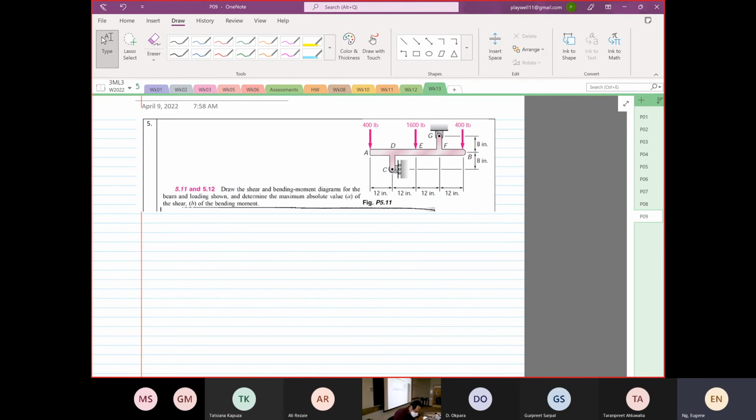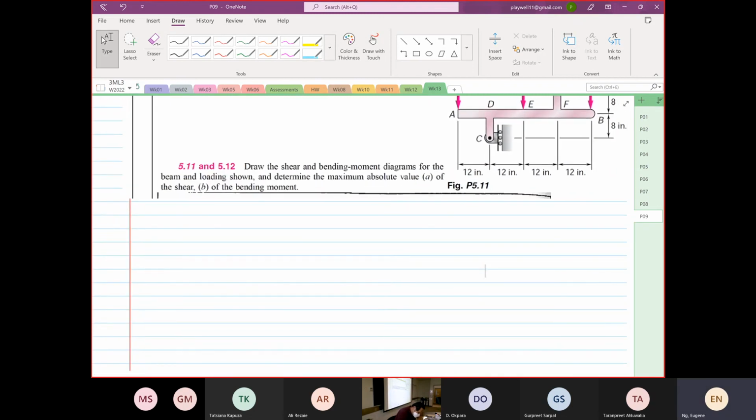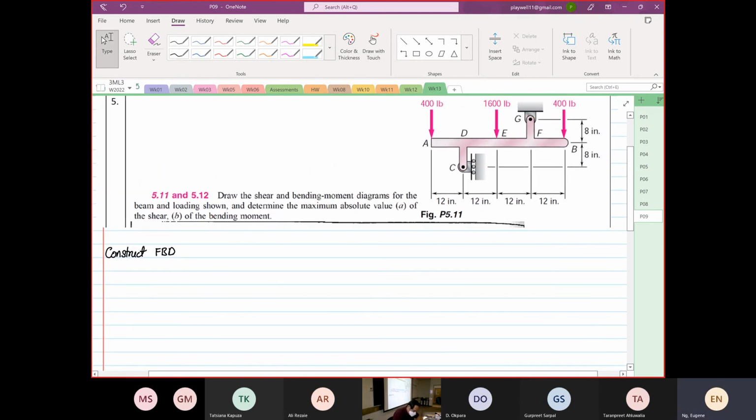Okay. So for this question, we have to construct the free body diagram first. We have to draw the free body diagram.